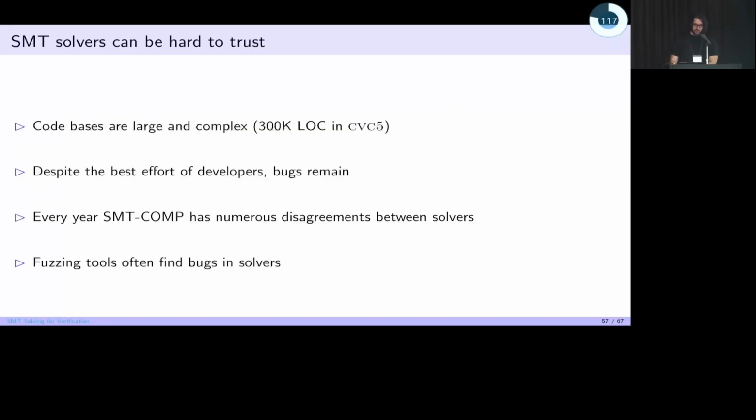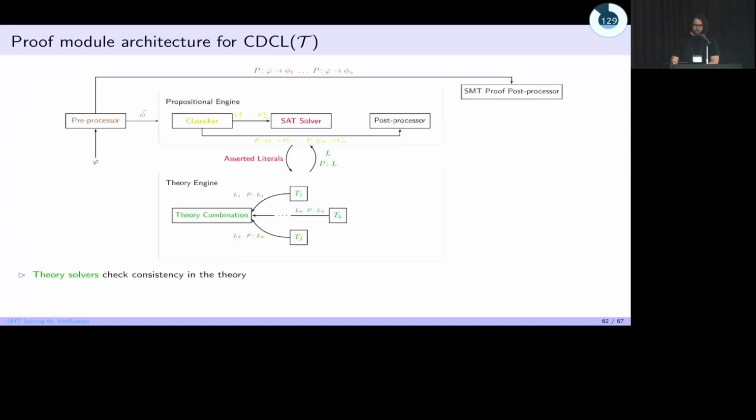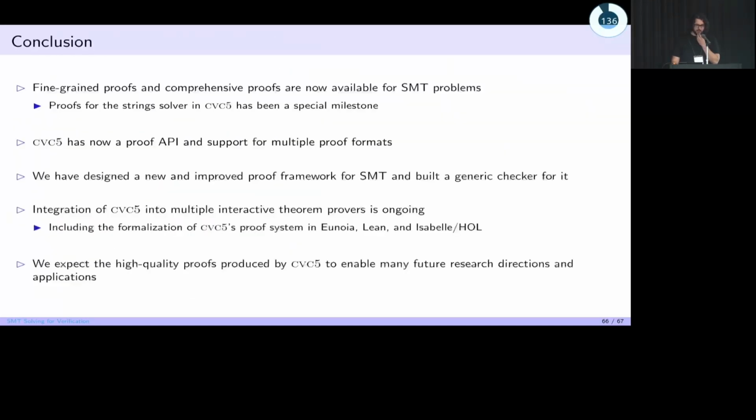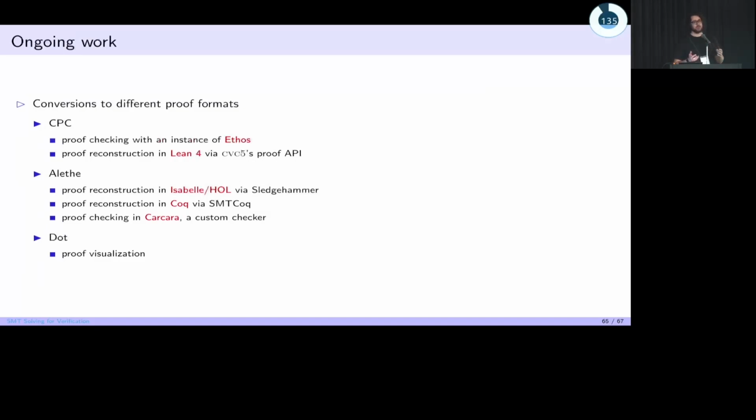Yes, so the cool thing about going to a proof assistant is that you have to do this. If you want to use it also for generating a proof of a theorem inside the proof assistant out of your proof from the solver, you have to formalize the meta theory also. So in our work, both in Isabelle and Lean 4, this is what we are doing.